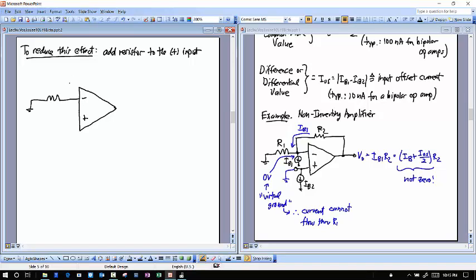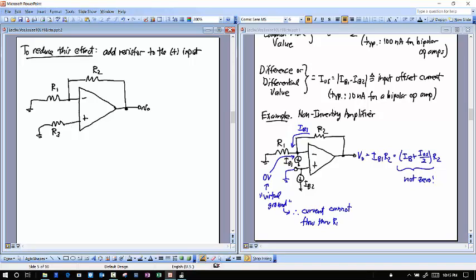So we have that classic non-inverting amplifier configuration still here. And that goes into voltage V0. But now, instead of just grounding this positive terminal, we're going to take it into another resistor, R3.